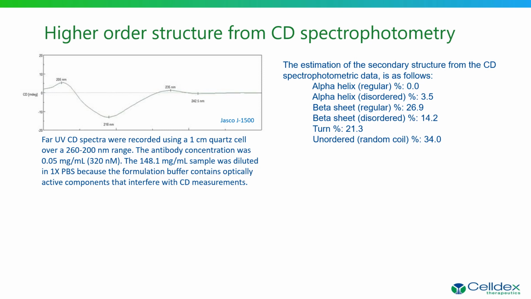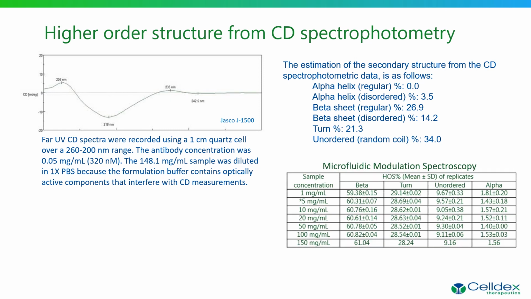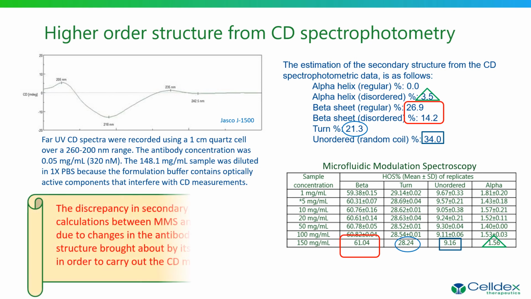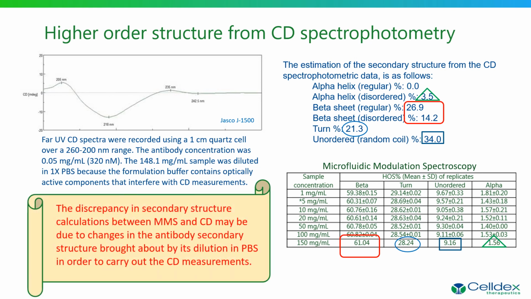Essentially, they swamp out the signal from the antibody. We believe that this may be the reason for the discrepancy in secondary structure calculations between CD and microfluidic modulation spectroscopy.